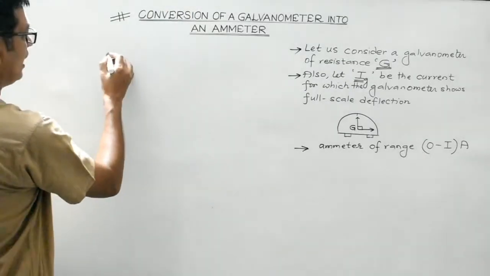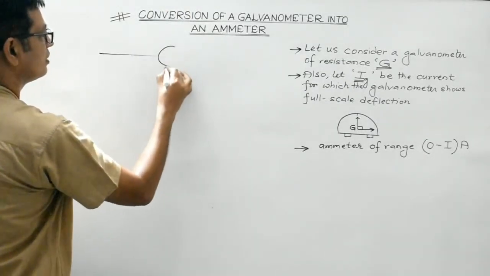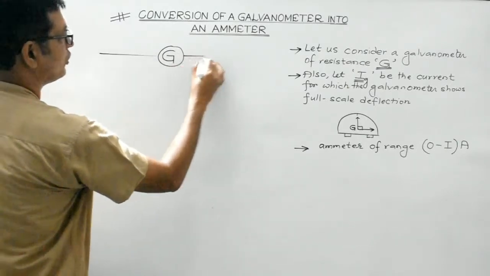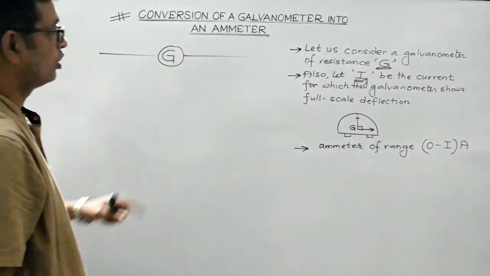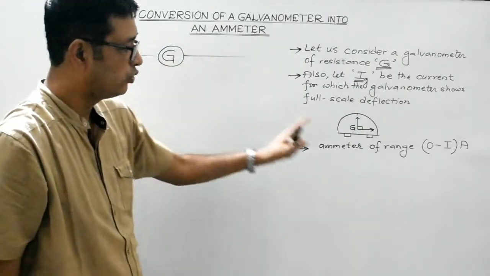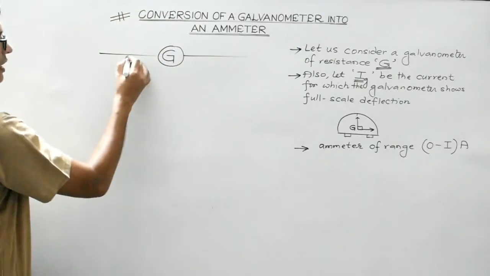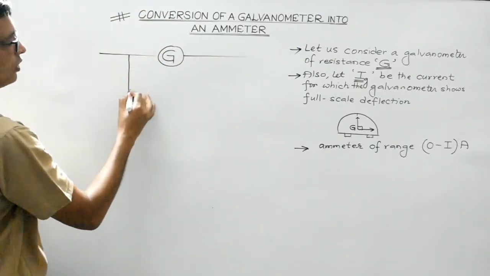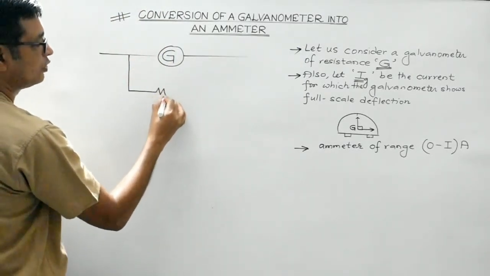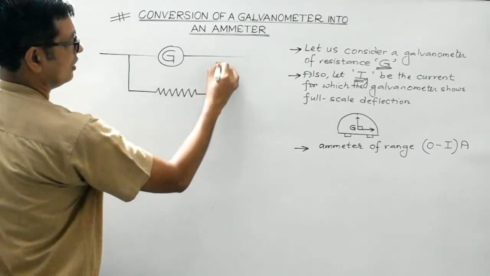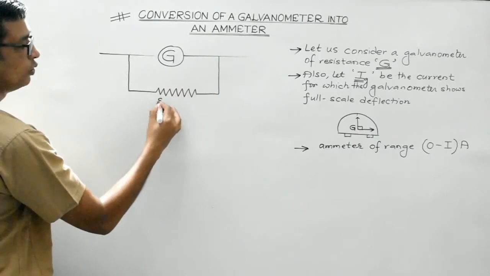So for that, what we do is, this is suppose the galvanometer of resistance G. So in order to convert this galvanometer into an ammeter of range 0 to I ampere, we need to connect a very, very low resistance wire, which is known as shunt, in parallel to the galvanometer coil. This is, students, known as shunt.